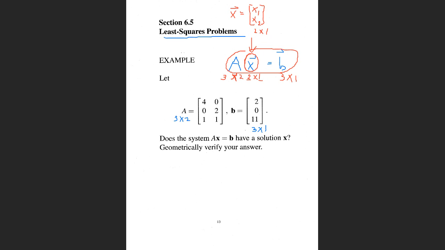Well, I'll tell you what. Let's write it out a little bit, and this will help us. We want to see if this system has a solution. In other words, is the system consistent? So let's go to the next page, and we're going to try to solve A times x equals b.